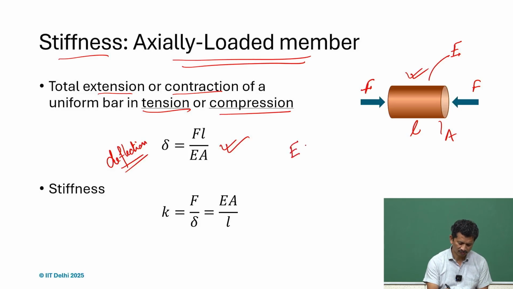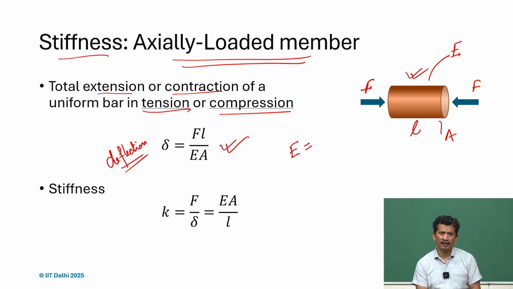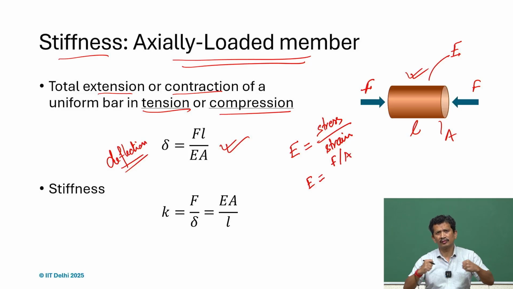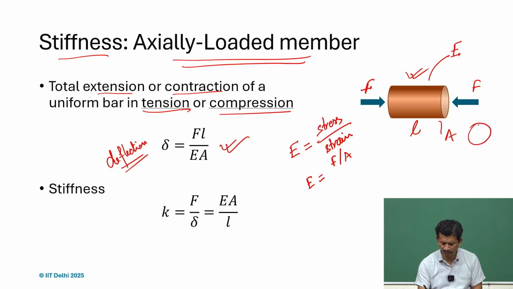just talk about Young's modulus E, which is defined as stress over strain. And when we do that, the stress is F upon A, whatever force we are applying over the cross-sectional area. Here the cross section is circular, but if it's prismatic, it can be a square or rectangular cross section.